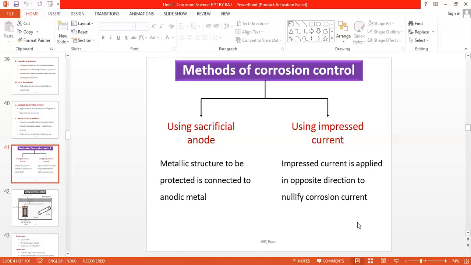By using external current, the more active metal which needs to be protected is converted to a cathode, and then it is protected from corrosion. In this case, the impressed current is applied in the opposite direction to nullify the corrosion current, and the desired metal is protected. So these are the two methods of cathodic protection, either by using sacrificial anode or by using external current.